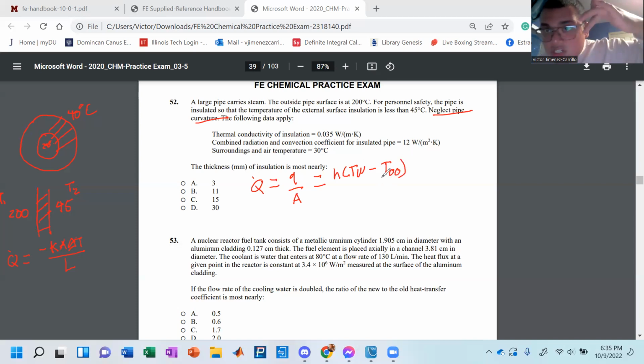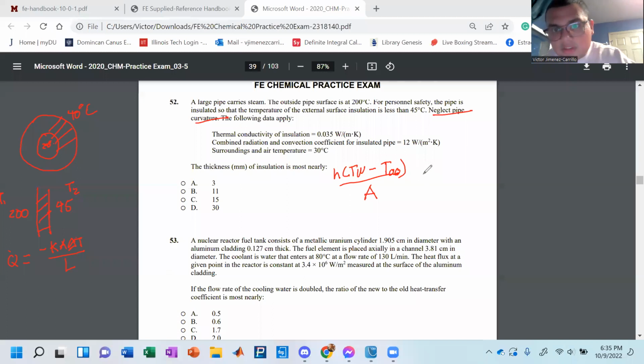This is H multiplied by the wall minus the surroundings, divided by area, which is good. We know what Q dot is literally equal to.